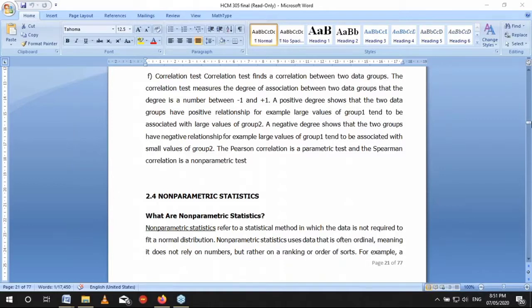That is regression analysis. There is a difference between regression analysis and correlation analysis.